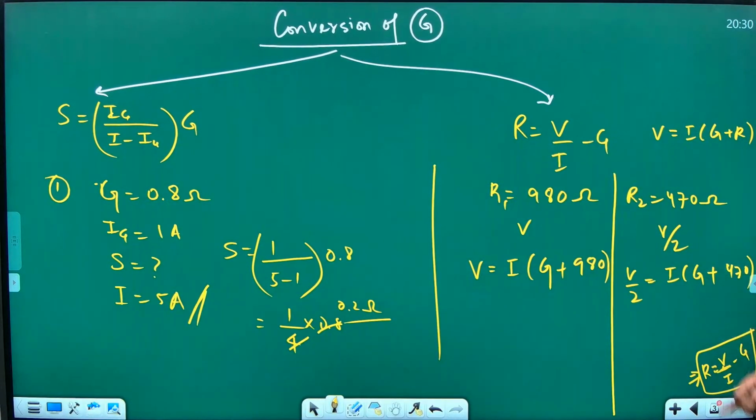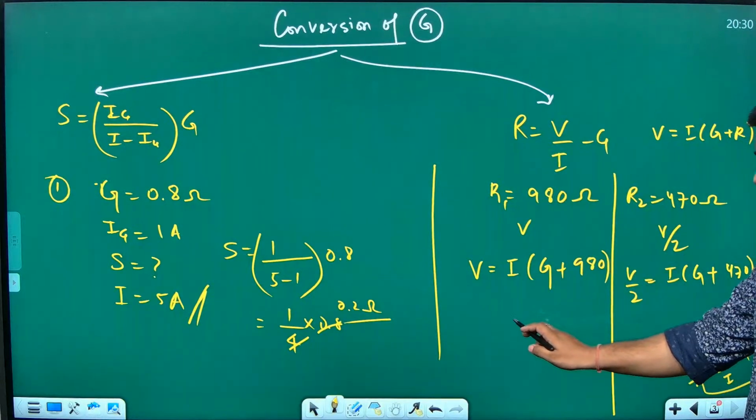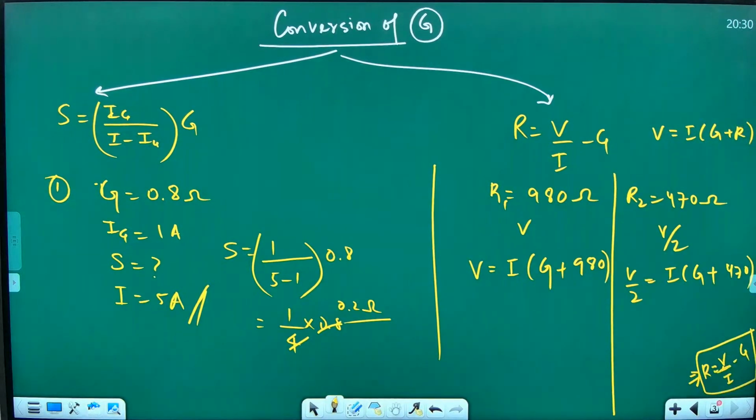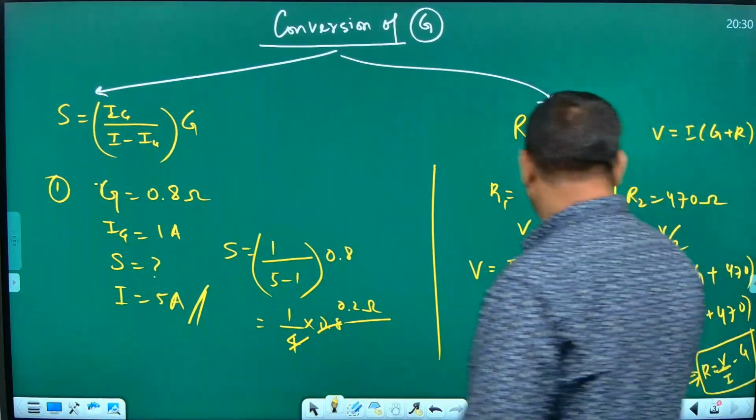Then also you can do. If you multiply 2 here, it will become V is equal to 2 times I into G plus 470. Yes, any way you can use, no problem in that. So now you can equate both.